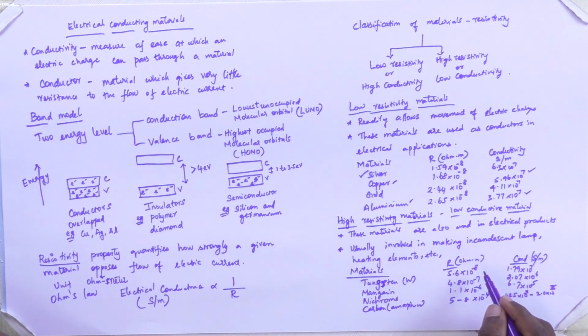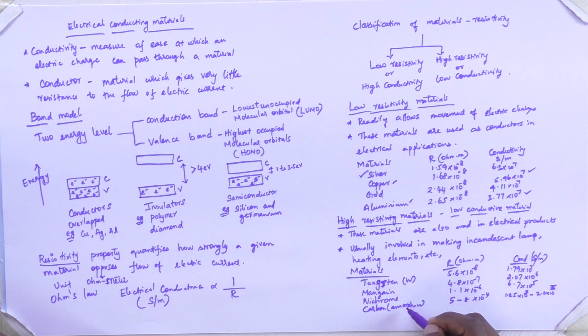So when we look at the resistive value, it is increasing starting from tungsten to carbon. So carbon is the most resistive material because its value is higher in this case. And for the conductance, it is exactly the reverse. Tungsten has more conductance and carbon the least conductance.